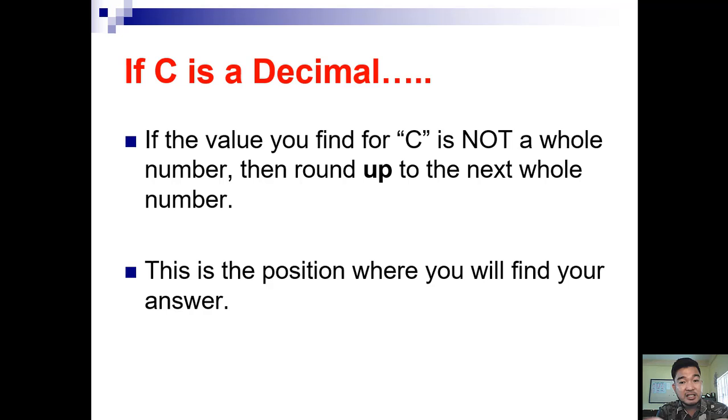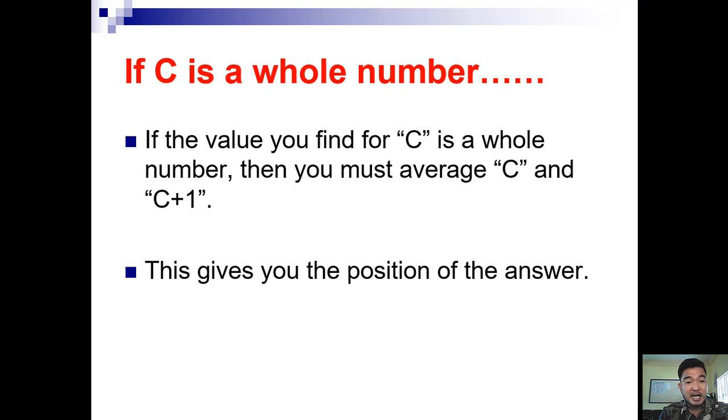Pero dahil nga ang sinosolve natin dito ay position, basta mayroon nang sumobra sa decimal, 9.1 yan, ira-round up mo na siya para makuha mo yung position. By the way, hindi naman yung value ng number ang tinitignan natin dito, kung hindi yung position ng set of scores. This is the position where you will find your answer.